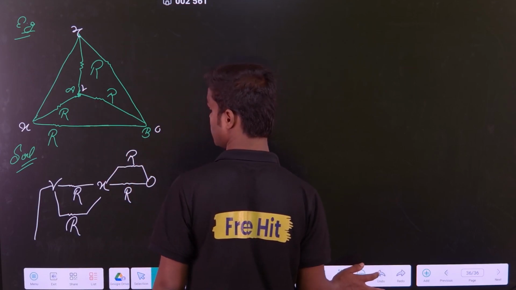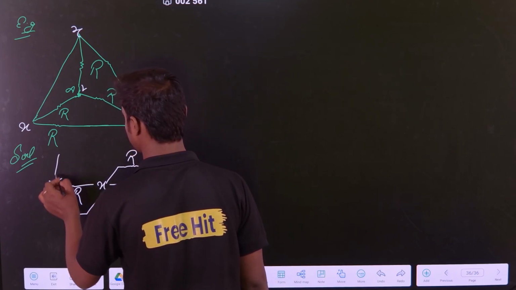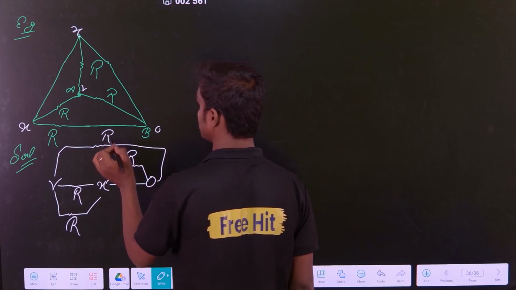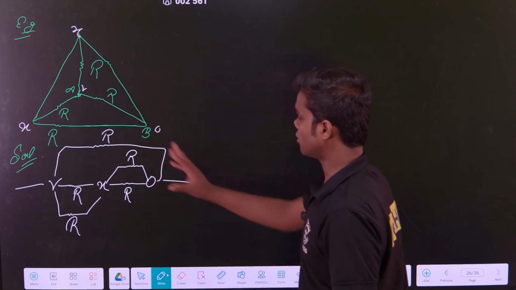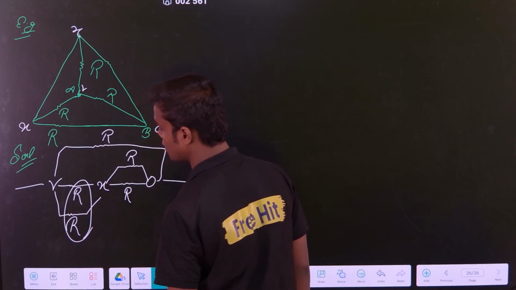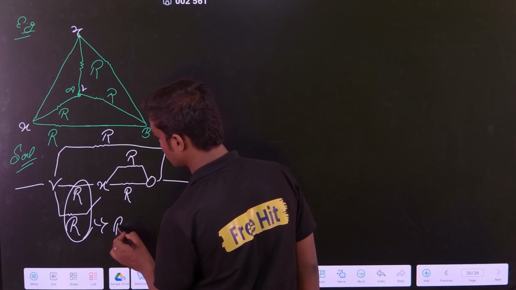So how will it be? It will be something like this. That is R. This is what you have to calculate. If you see, these two will become how much in parallel? They will become R by 2.